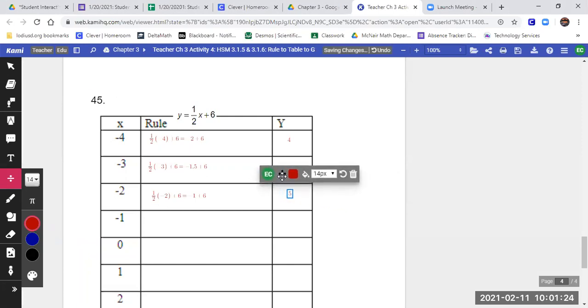Okay. So who sees a pattern happening? Without doing the work yet, what do we expect our next answer to be?